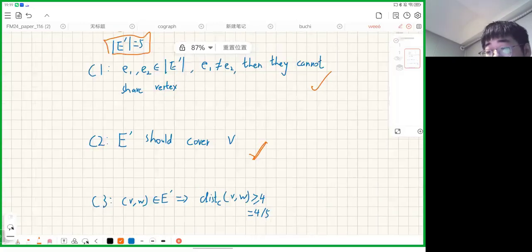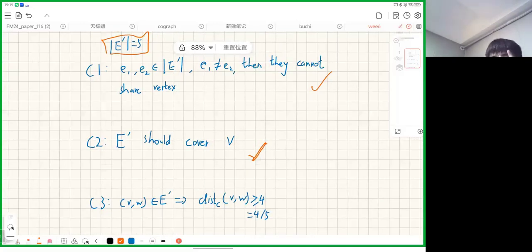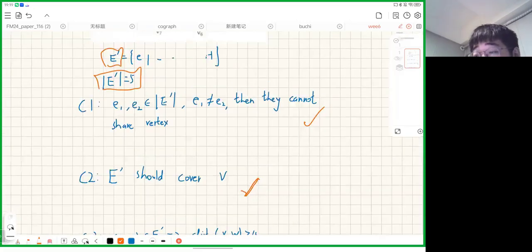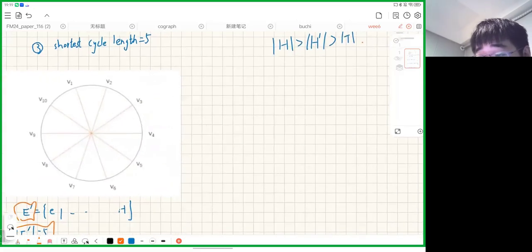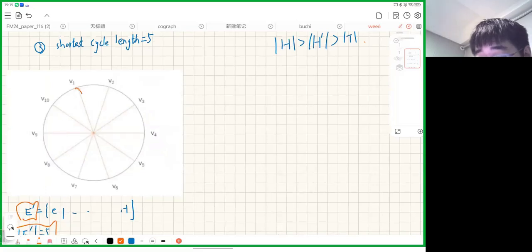Then claim 3. If there's some additional edge connecting V and W, the distance of V and W in the circle should be at least 4. Why? Because suppose we connect something with distance 3, like V1 to V4. Then we'll create a circle with V1, V2, V3, V4, and then back to V1.